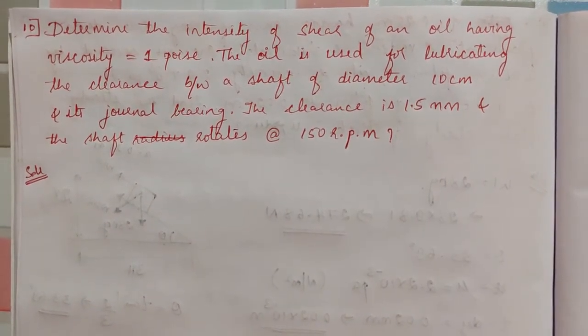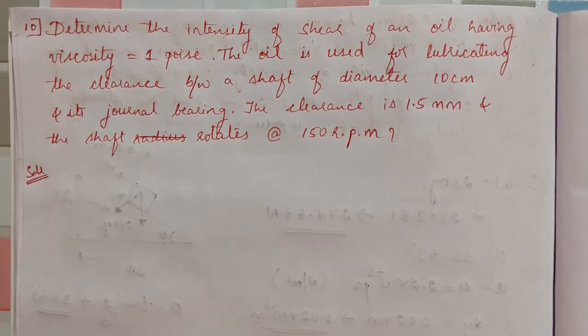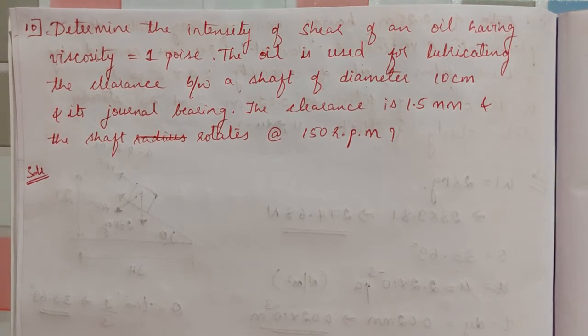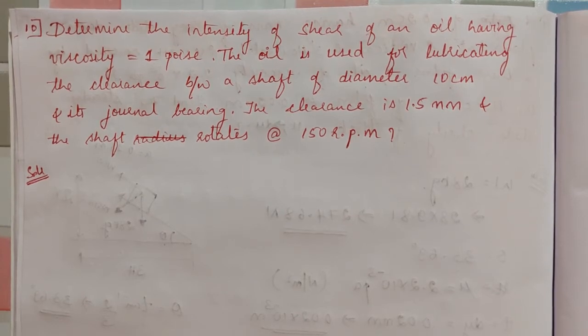So next question here. Determine the intensity of the shear of an oil having viscosity 1 poise. The oil is used for lubricating the clearance between a shaft of diameter 10 centimeter and its journal bearing. The clearance means the dy, the space between the shaft where the oil will be placed.